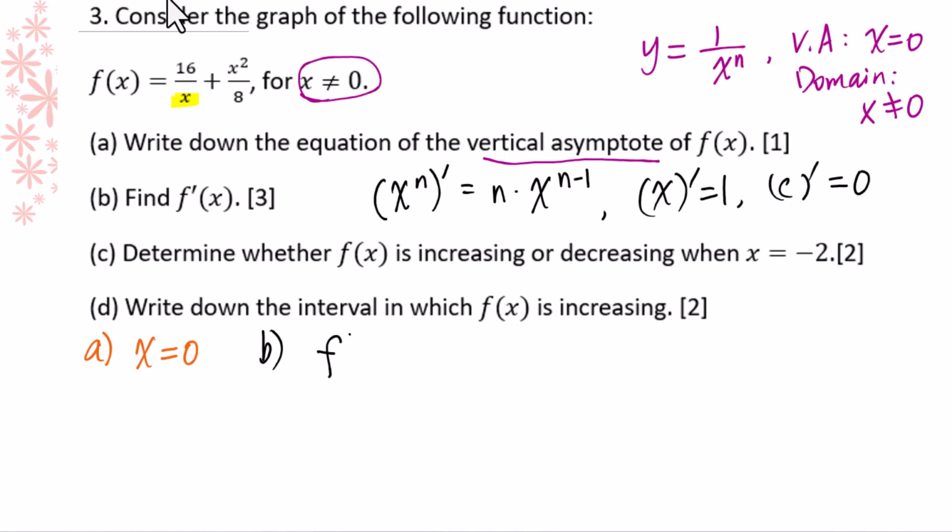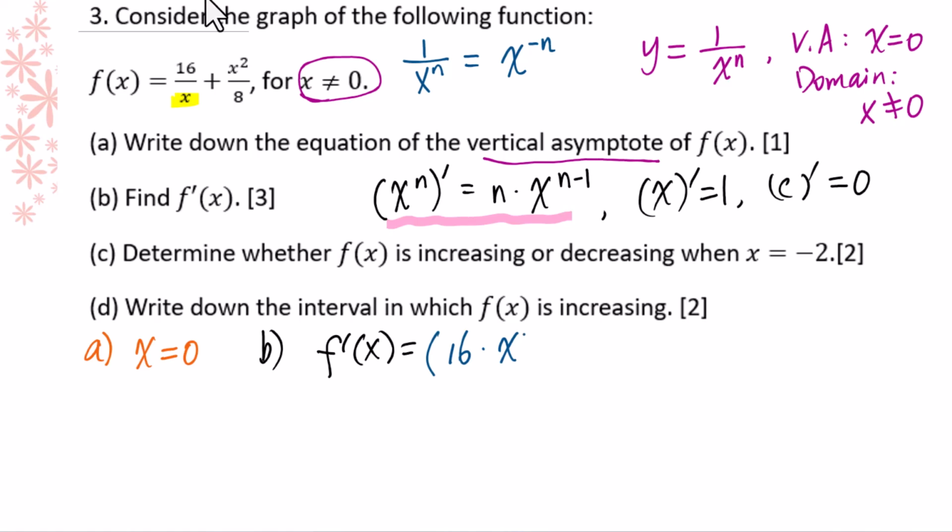Therefore, f prime of x equals, remember, change 16 over x into single power form so that you can use this formula. 1 over x to the nth power equals x to the power of negative n. So we get 16 times x to the negative first power.